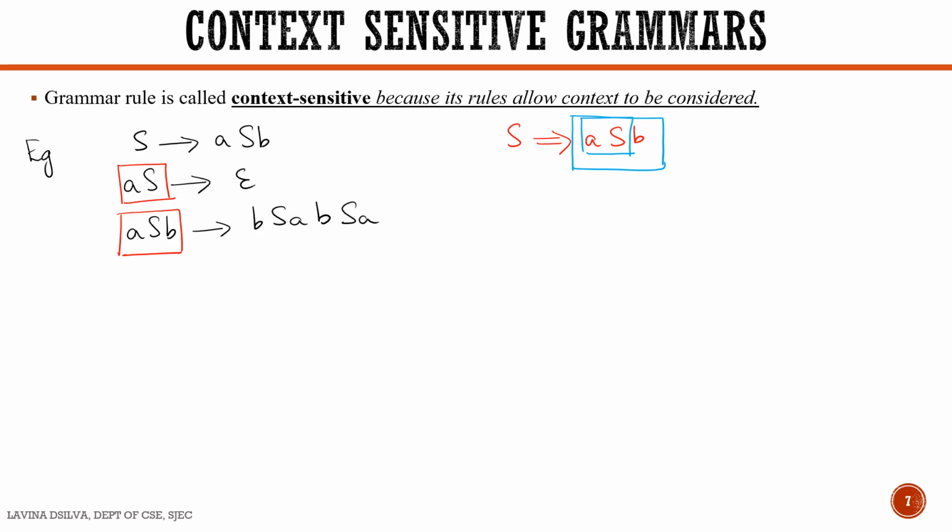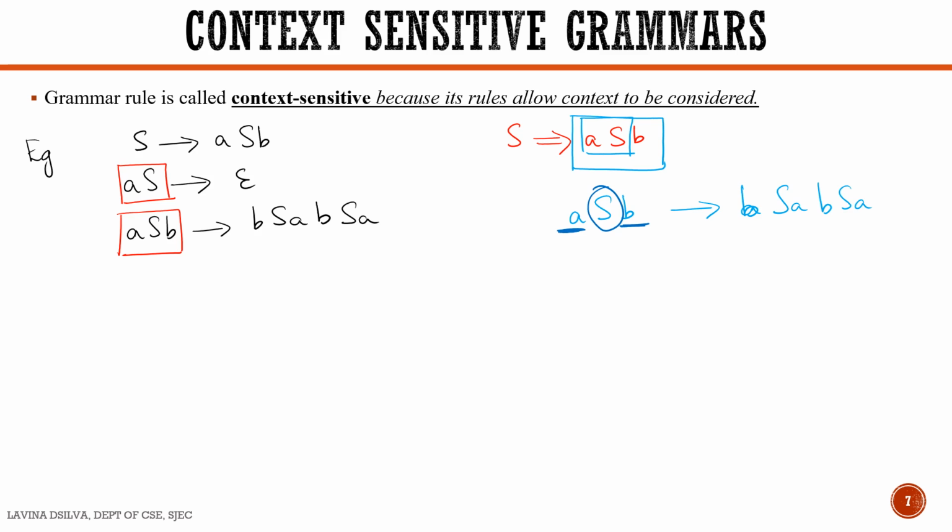So here for a rule like ASB tends to BSA, what do we do with this S? We have to take into consideration the terminal symbols which appeared before and after.